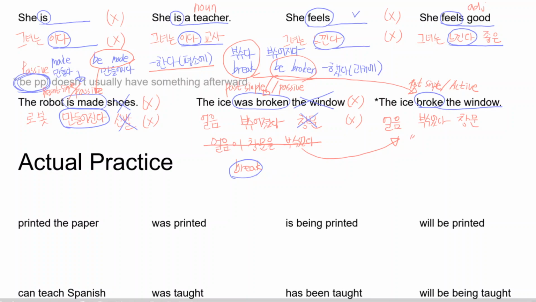Yes, it wants to have a complement, right? It always has a complement. But whereas the BPP form of break wants to have no complement here.